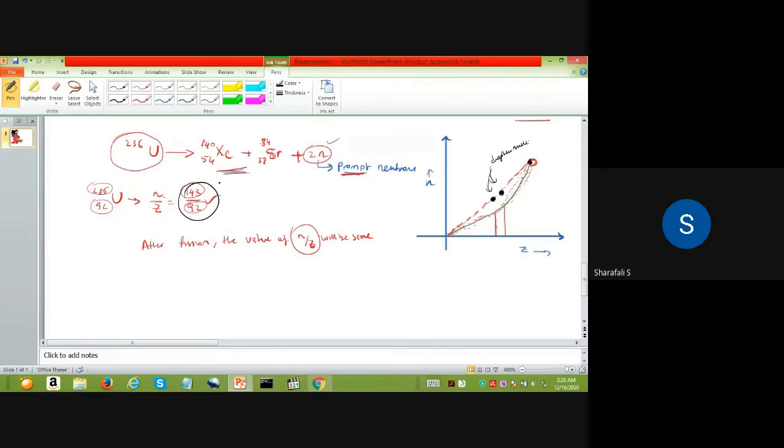to 92. Or I will just check for uranium 236.